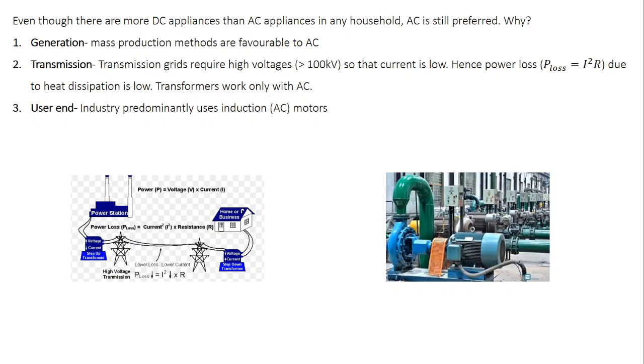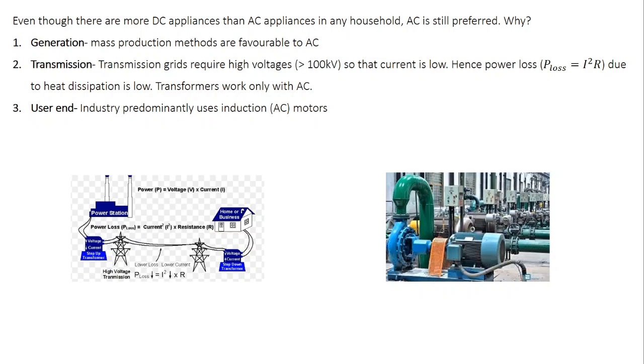So as we said, alternator fundamentally produces an AC signal. So because of that, all mass production methods of electricity is related to AC power. We also have DC power generation method like chemical cells and solar cells, etc., but they cannot produce electricity in a mass scale. So in generation wise, AC is preferred over DC.